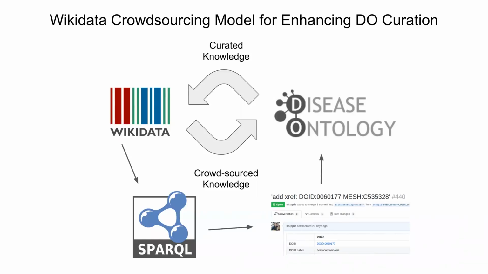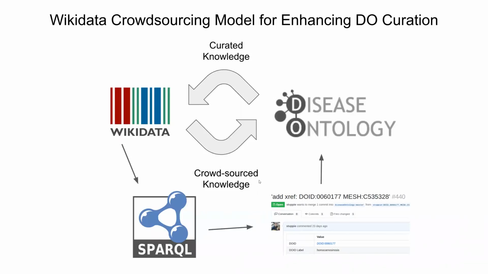And then the idea was to take some of this crowdsourced knowledge from Wikidata and filter it and prioritize it through GitHub tickets for curation by the disease ontology curators.